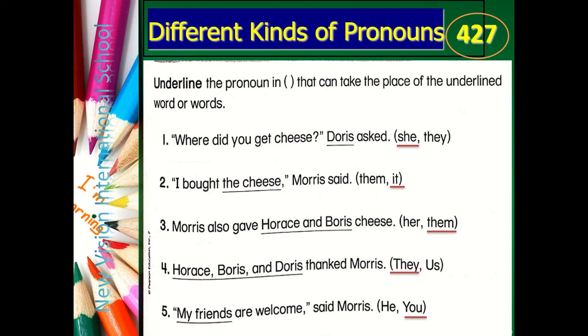Horace, Boris, and Doris. So we have the pronoun they. Very good. Now, last number 5. My friends are welcome, said Morris. So here, you can use the pronoun you. Did you understand? Very good.